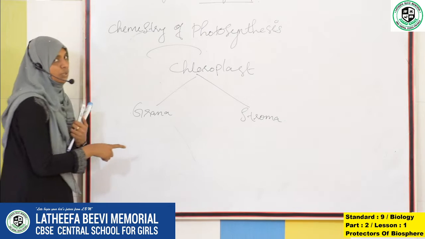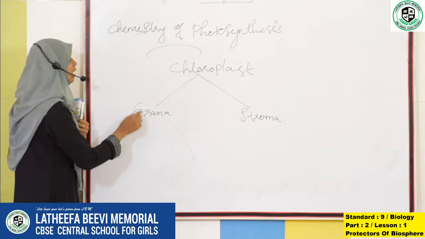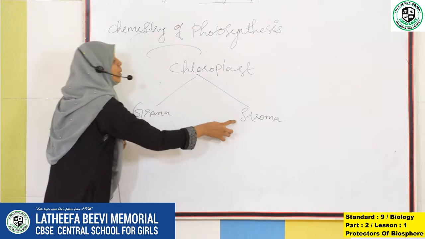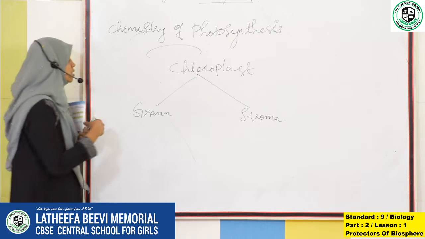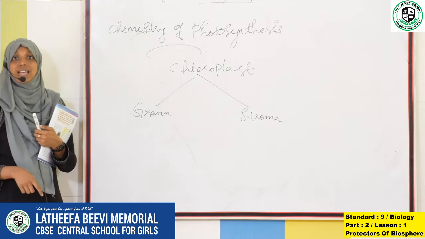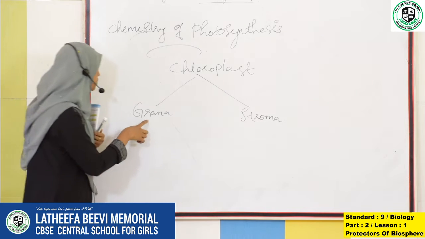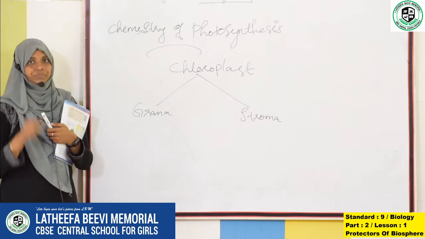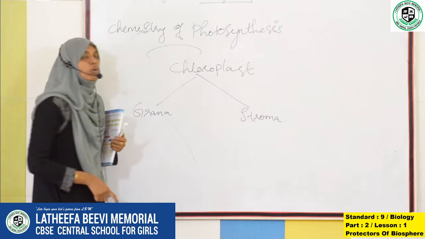Grana are the brick-like structures found in the chloroplast, and stroma is the fluid part present inside the chloroplast. We already learned that, so there is no detailed description about it.